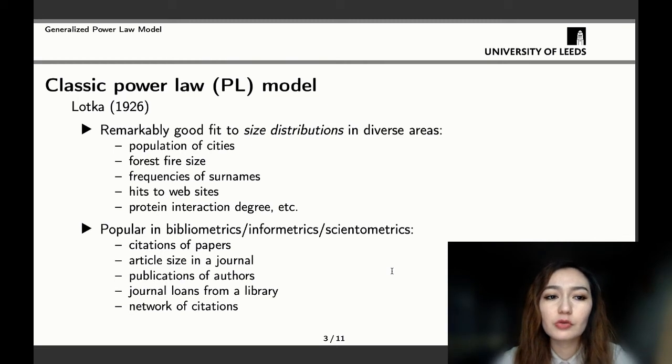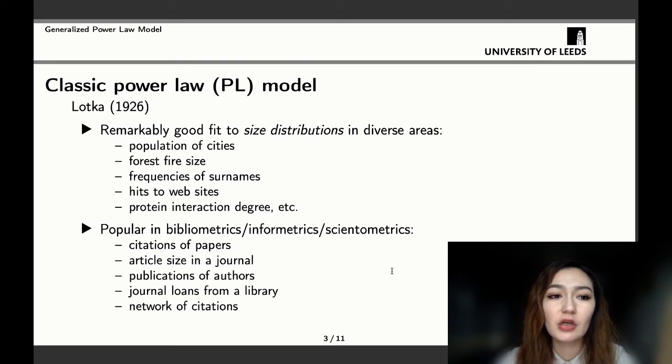The power law model is widely used in different fields and is a good fit to size distributions in diverse areas. For example, population of cities, forest fire size, frequencies of surnames, hits to websites, protein interaction degree, etc.